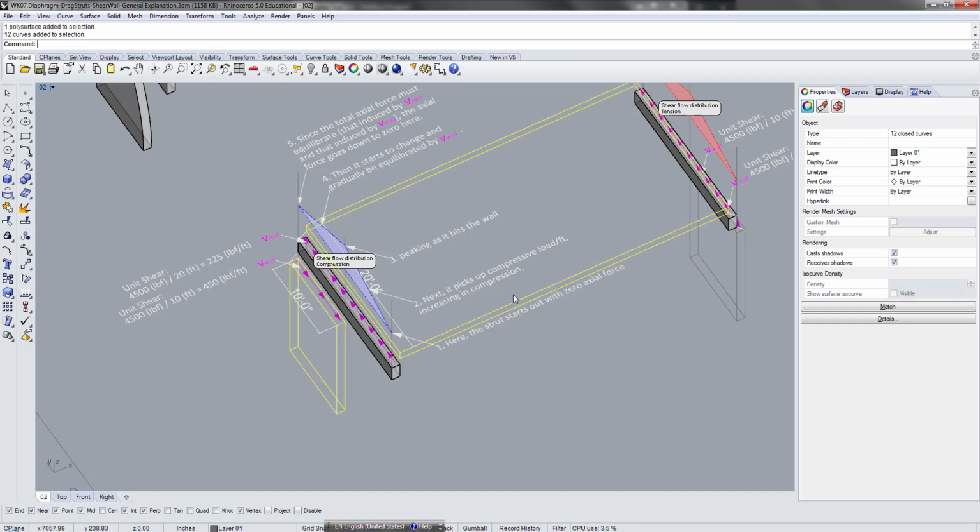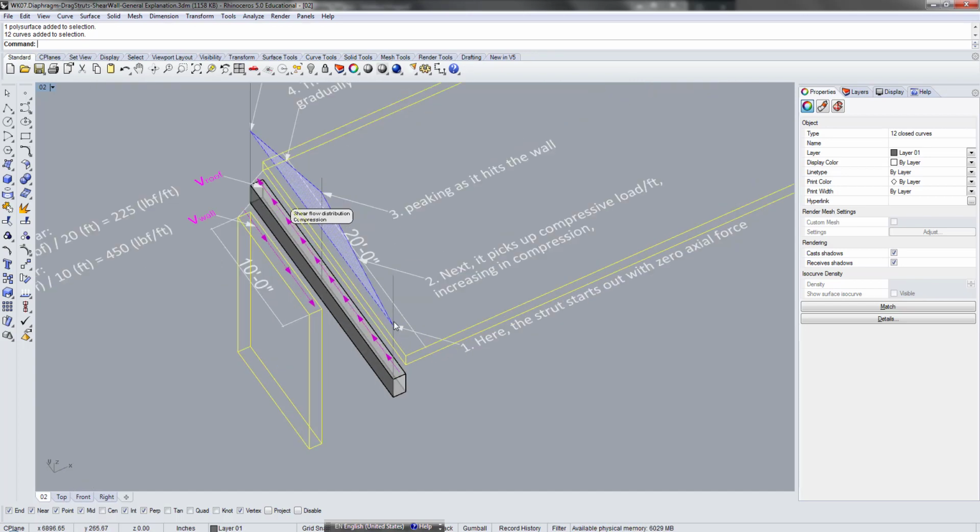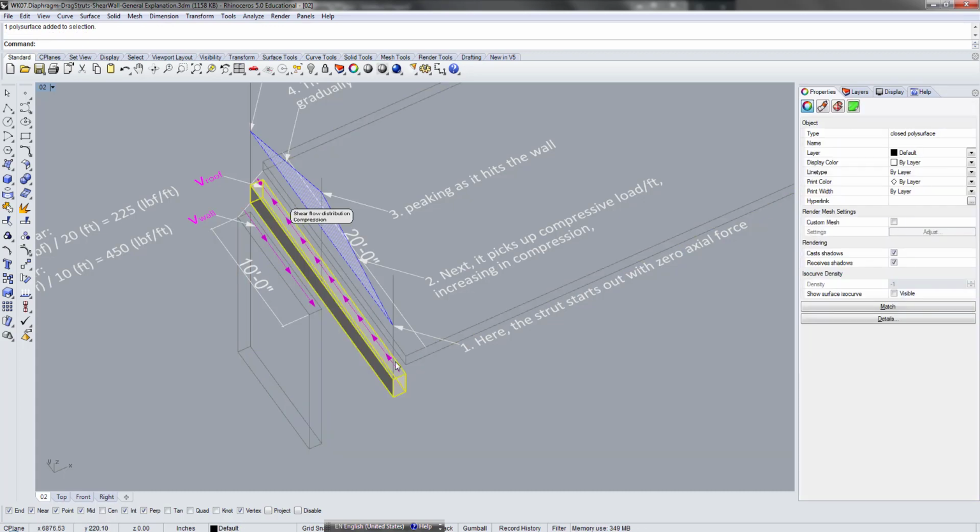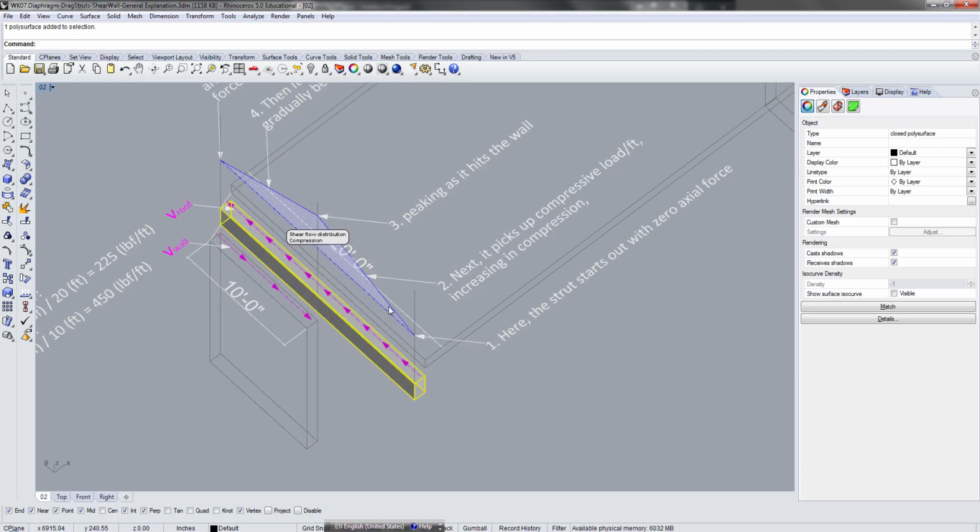Even though this diaphragm tries to push this thing, at the very end nothing is happening yet, so there's 0 unit shear here. But because this tries to push along the whole length of the beam, it accumulates and becomes more intense.